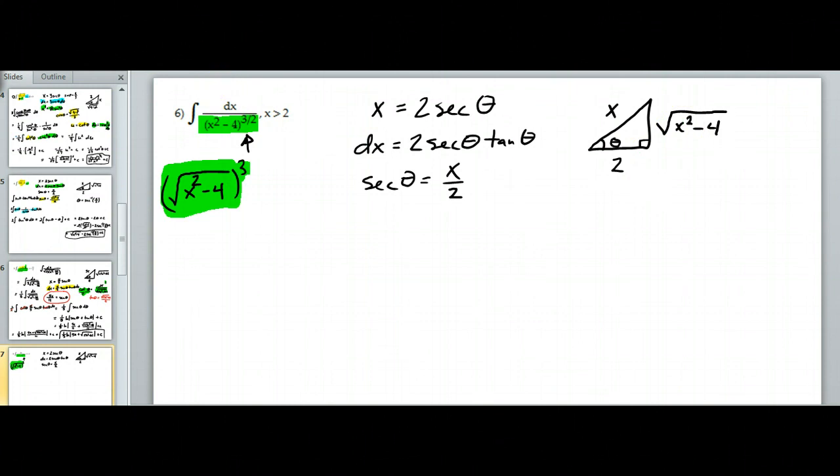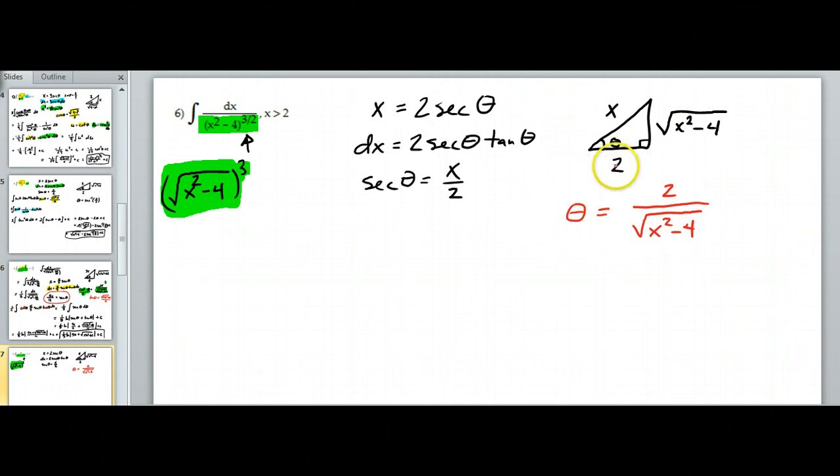Keeping in mind a couple of things. One, this radical thing right here is in the denominator. We need a whole number in the numerator, so that's going to be the 2 here. So we want another function that has 2 in the numerator, the square root of x squared minus 4 in the denominator.